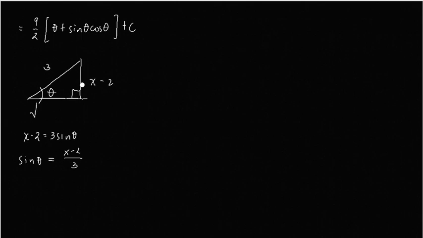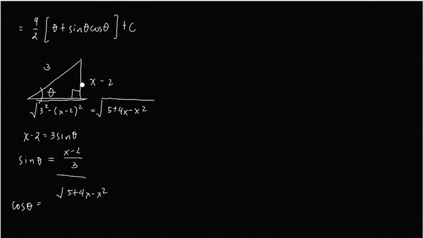So the adjacent must be the square root of 3 squared minus the quantity x minus 2 squared, which is also the square root of 5 plus 4x minus x squared. So we know that sine of theta is x minus 2 over 3, and cosine of theta is the adjacent, which is 5 plus 4x minus x squared under the square root, divided by the hypotenuse 3.